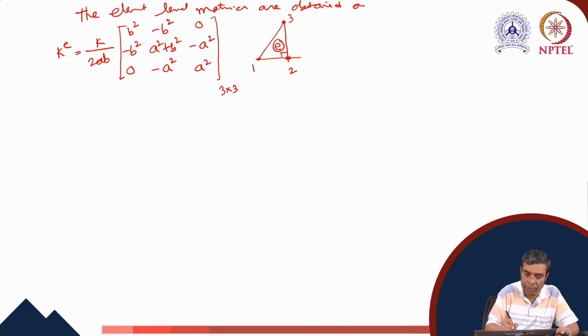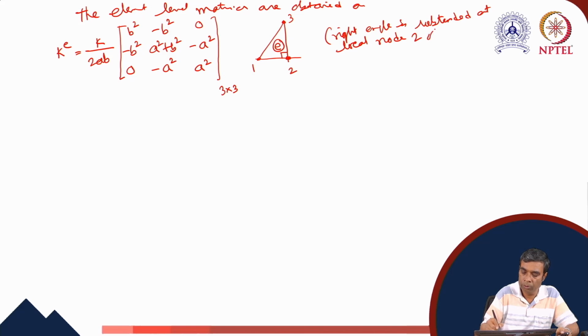So right angle is subtended at local node 2 of the element. So here our mesh size is A and here it is B in the vertical direction.